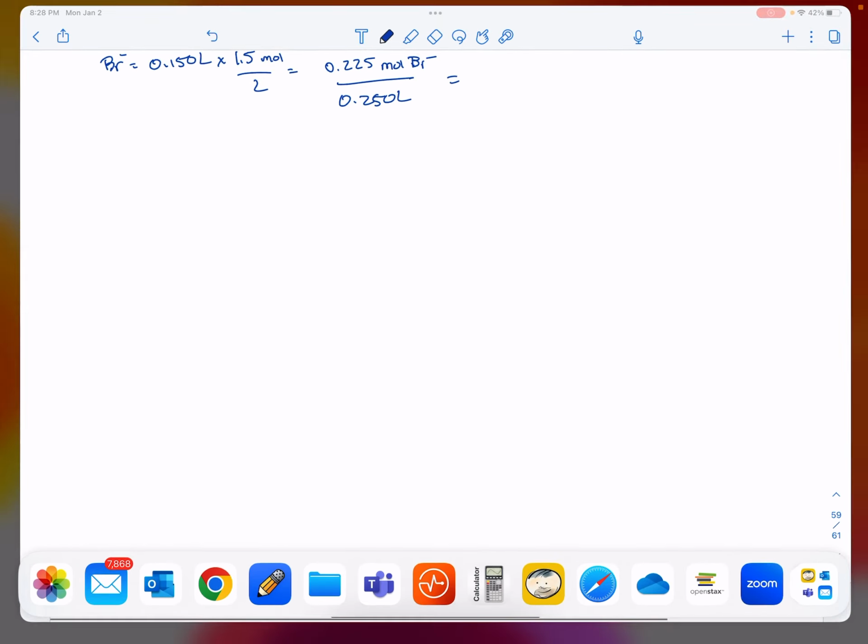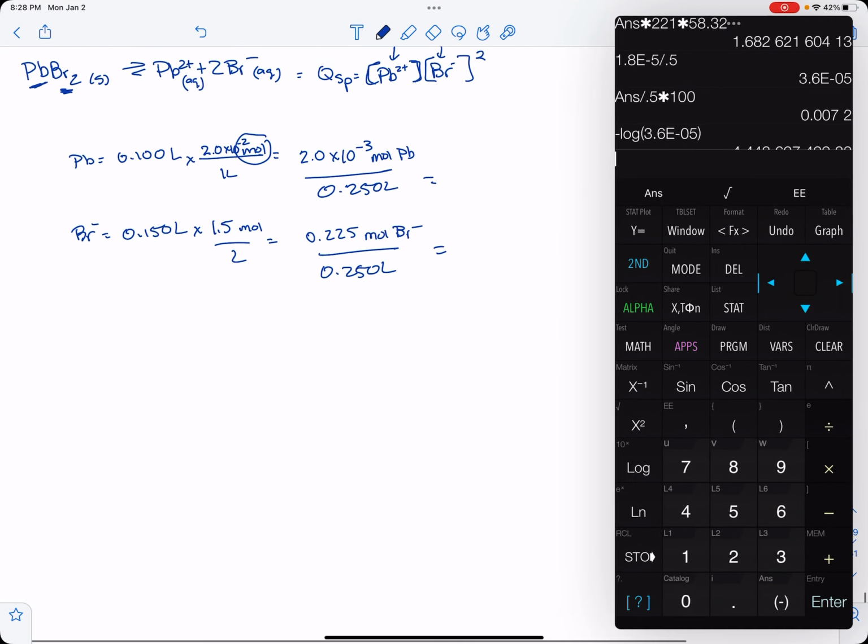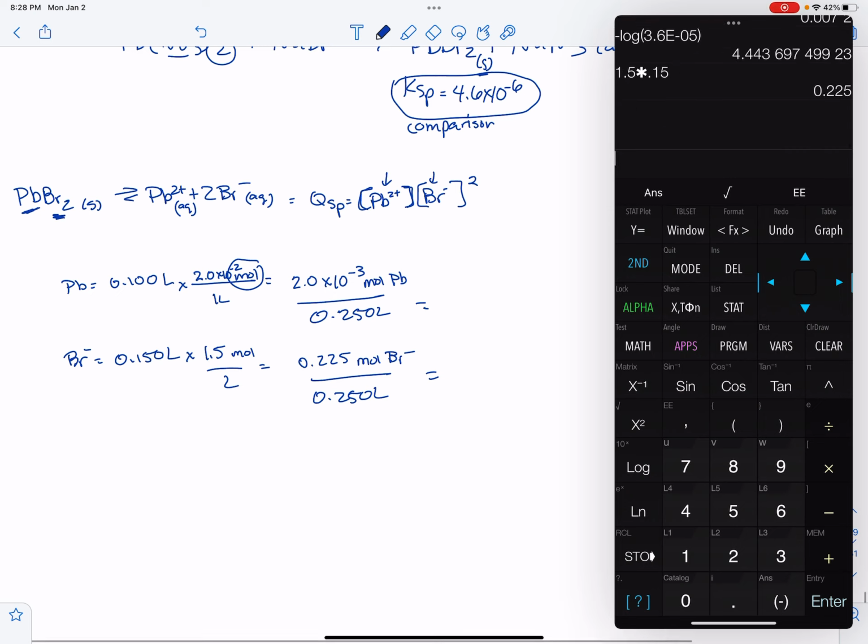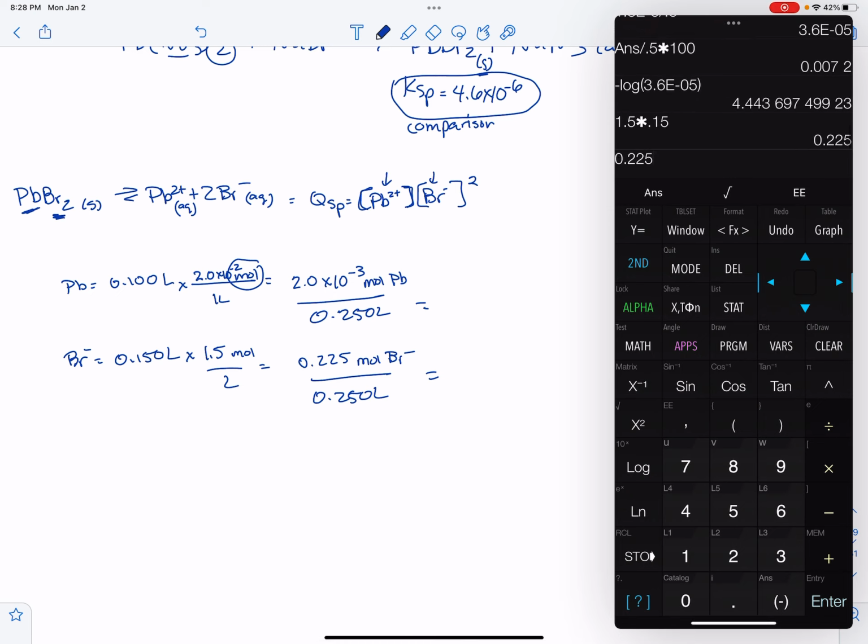Come on, calculator. So I will do the 0.225 first because I've already got it in there. Divided by 0.250 gives me 0.9 molarity. And then the other one, 2 times 10 to the minus 3 divided by 0.250 gives me 0.008 molarity. I'm putting those two numbers into my Qsp up here.